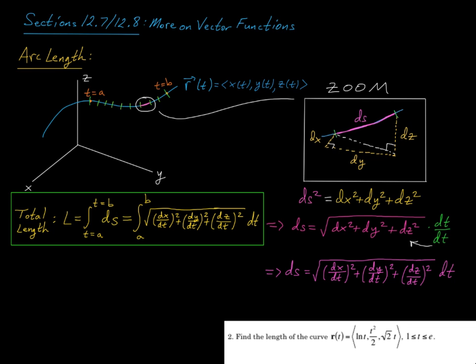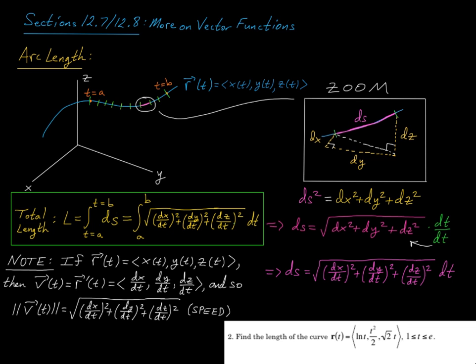Okay, now, before we jump into problem number 2, an easier way to remember this, and it also offers a little more insight into what exactly this result is saying, is to note the following. We're calling the components of our position vector r of t x of t, comma y of t, comma z of t.